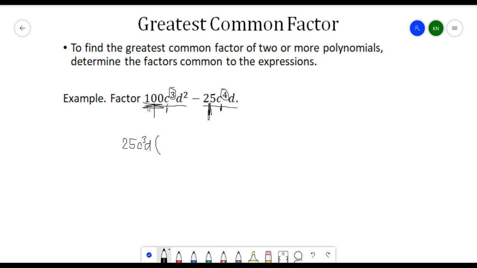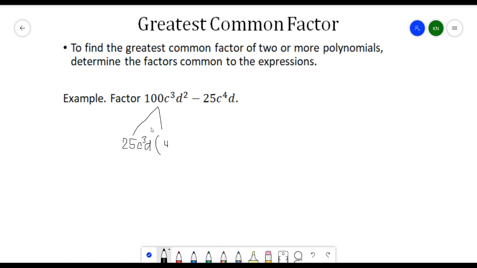After getting our common factor, we need to multiply it with the missing or lacking parts between the terms. If you divide 100 by 25, that gives us 4. If you multiply 25 by 4, that gives us 100.